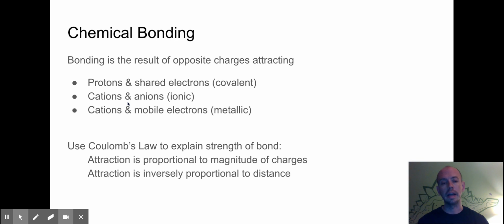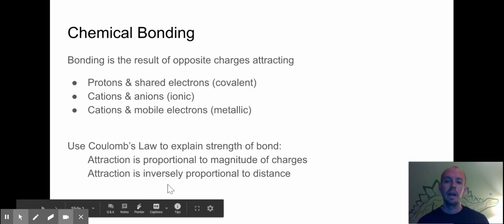The mobile electrons are those valence electrons, normally the electrons in the outermost s sublevel. Every now and then some d electrons can kind of wiggle around and be moving there too, but it's really the 1 to 2 s electrons that are being attracted to the positive charge there. So the more charge, the stronger it is, the more closely held they are.